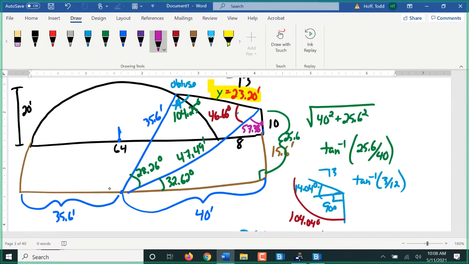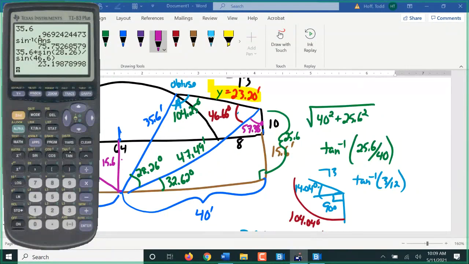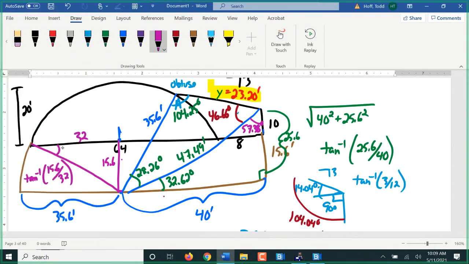Finally, I need this angle. I'm going to draw this in here first, and I'm going to find this angle, which will be the inverse tangent of the 15.6 over the 32. Giving us 25.99 degrees.